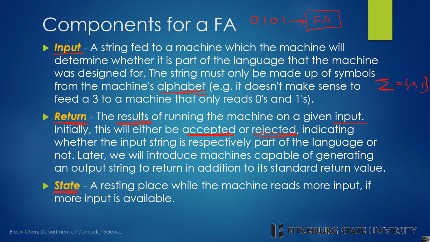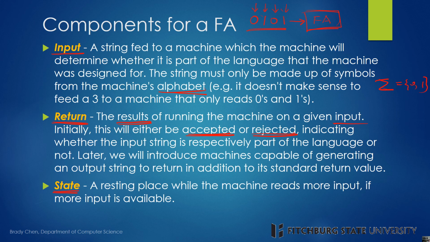The other component is a state. State is a resting place while the machine reads more input. Once the input is fed to the finite automata, it's going to read each of the input symbols.